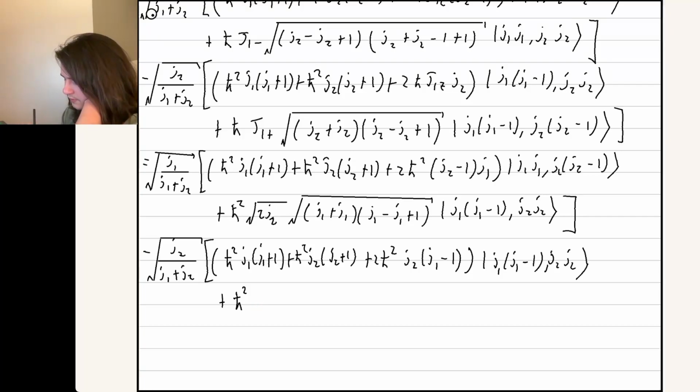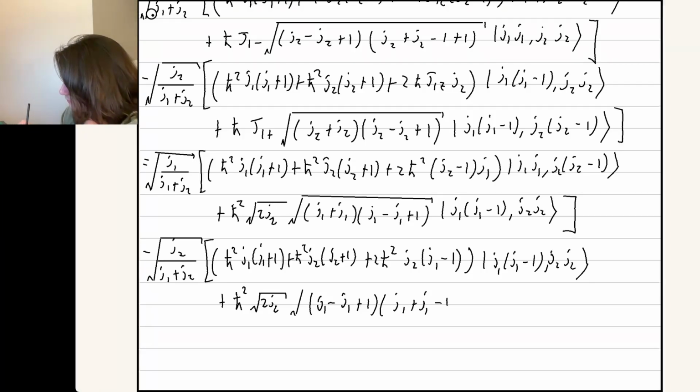This stuff simplifies to root 2 j2. And then this other guy, it's a raising operator, so now we're doing j1 minus j1 plus 1, and then j1 plus j1 minus 1 plus 1.